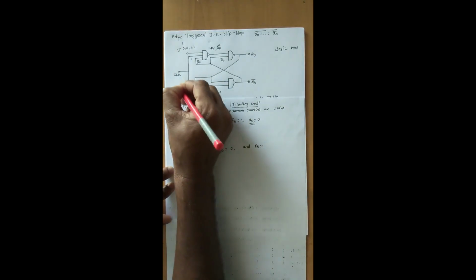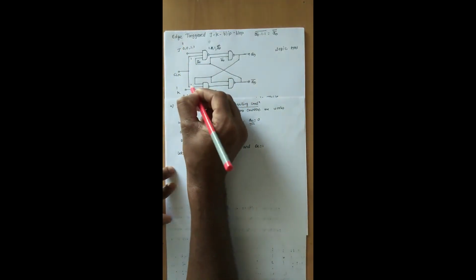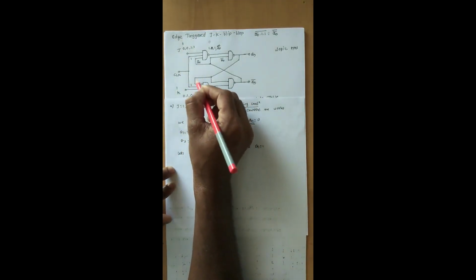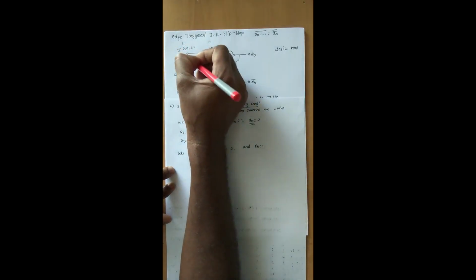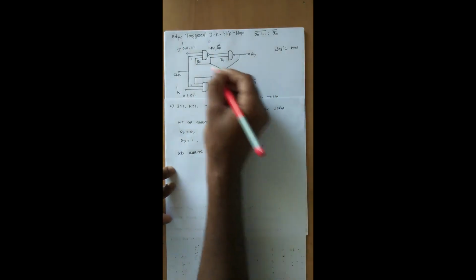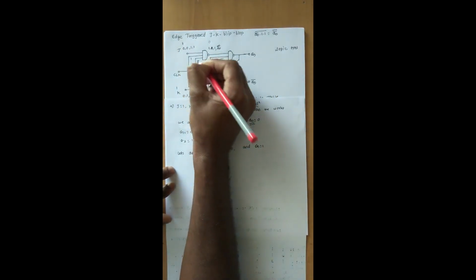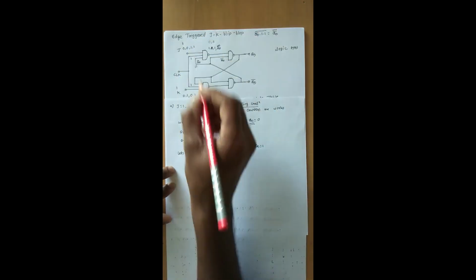Right now no change, J is equal to 1 and K is also 1, clock is 1. That's why we have to trace out the feedback path. Here J is 1, K is 1, clock is also 1. Right now Q of n bar is 0, so this 0 comes here. So anything with 0, then output will be 1.